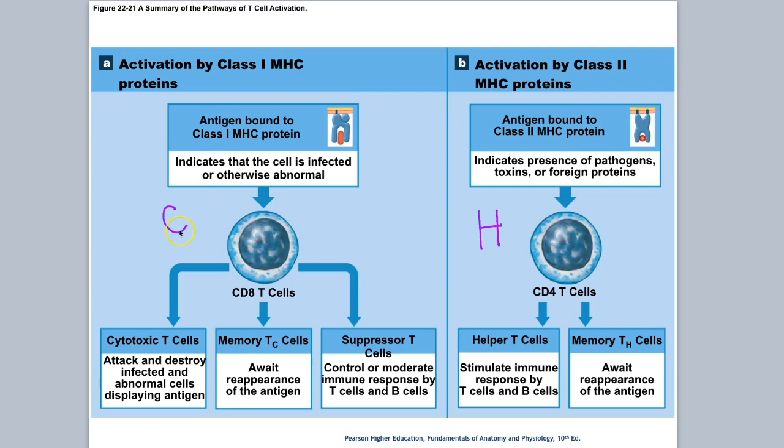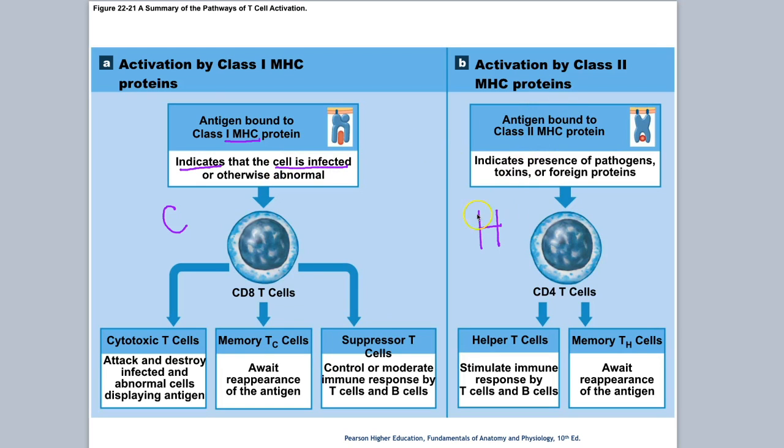The cytotoxic T cells are activated by class 1 MHC proteins, so MHC1 proteins. These are proteins that are found on every nucleated cell in the body. And MHC1 is indicating to the cytotoxic T cell if the cell is infected.